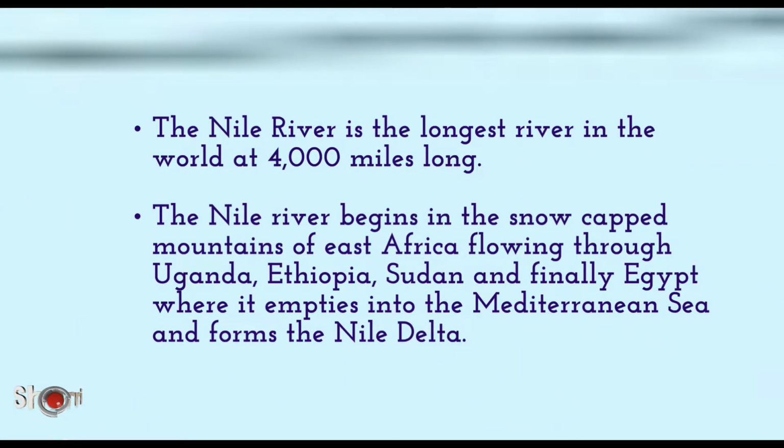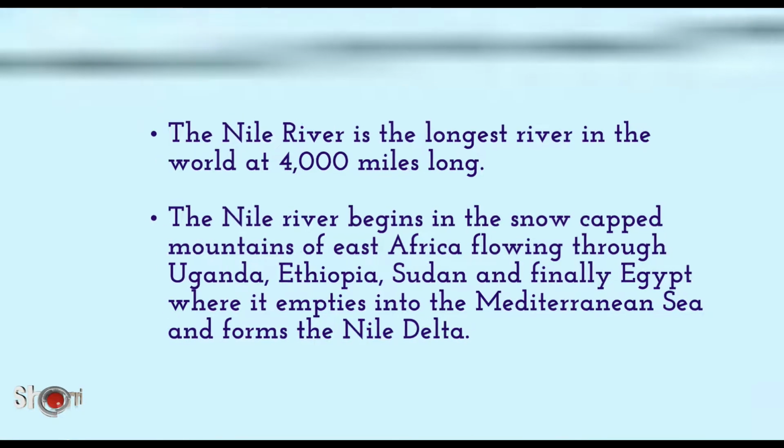The Nile River is the longest river in the world at 4,000 miles long. The Nile River begins in the snow-capped mountains of East Africa, flowing through Uganda, Ethiopia, Sudan, and finally Egypt, where it empties into the Mediterranean Sea and forms the Nile Delta.